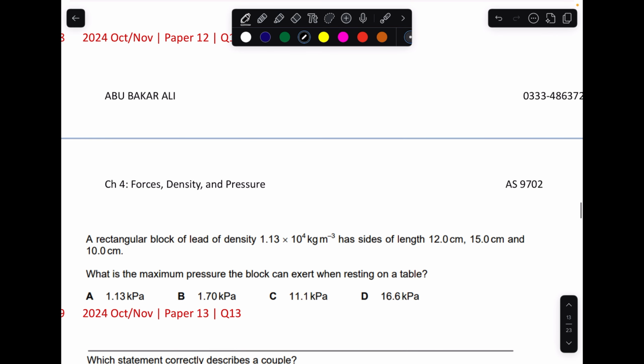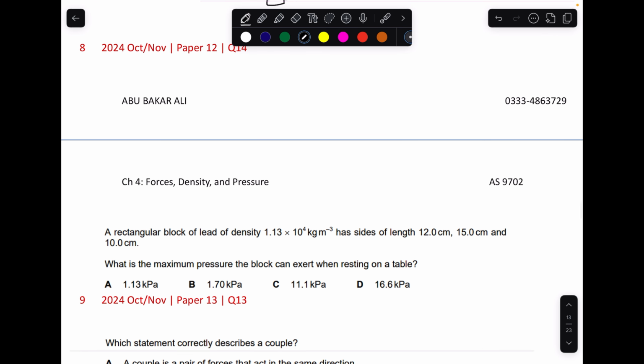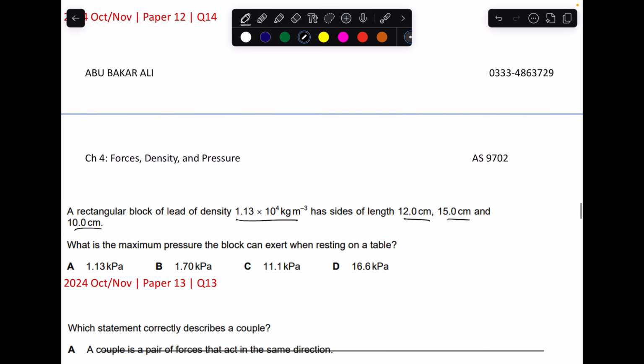Okay, so in the next question, a rectangular block of lead of density this has sides of length. You have been given the three sides. What is the maximum pressure the block can exert when resting on the table? Okay, so we know P is equal to F over A. So I can say pressure is inversely proportional to area.